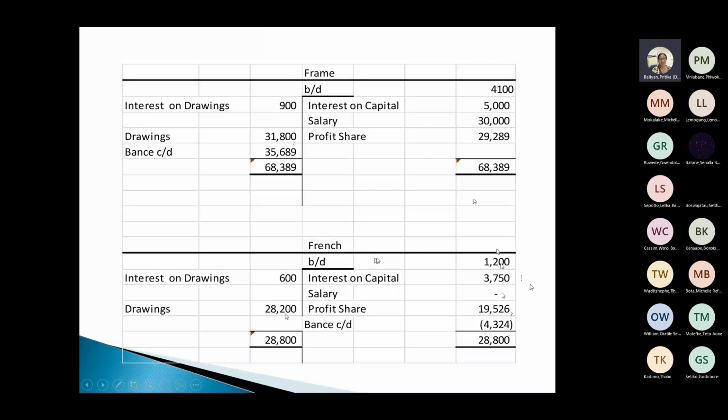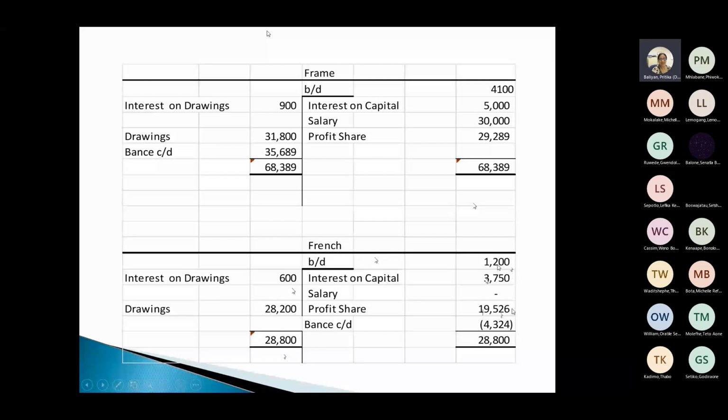He withdrew 28,200 and paid the interest on drawings of 600. So the total of that side is 28,800, but this side's total is 24,000 something.